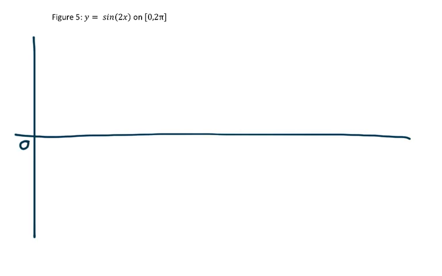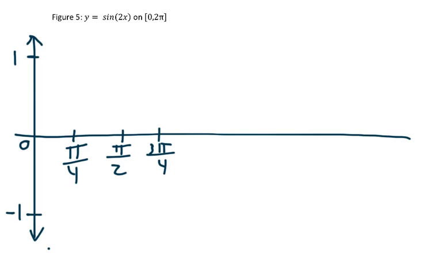So here's 0, 1, negative 1. So we have pi over 4, then we have pi over 2, 3 pi over 4, then we have pi. So again, we keep on adding pi over 4.